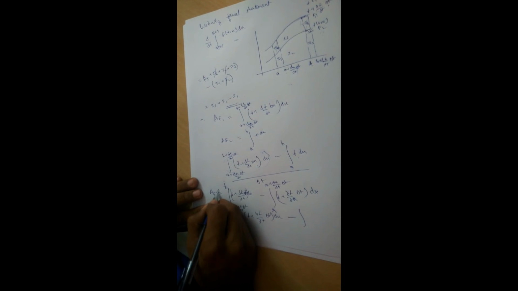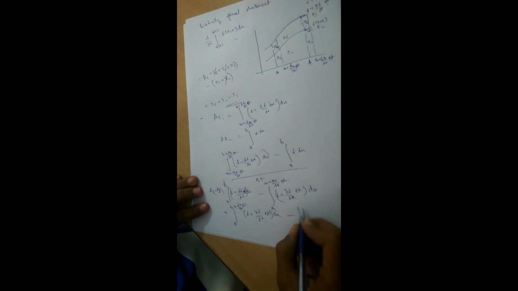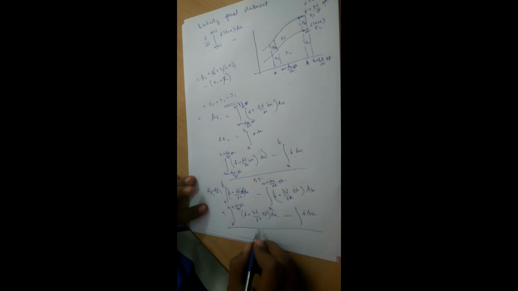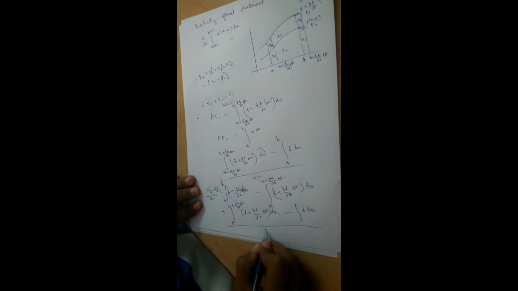So I'm doing here AF1 minus AF2, that is integral f dx, by delta t.